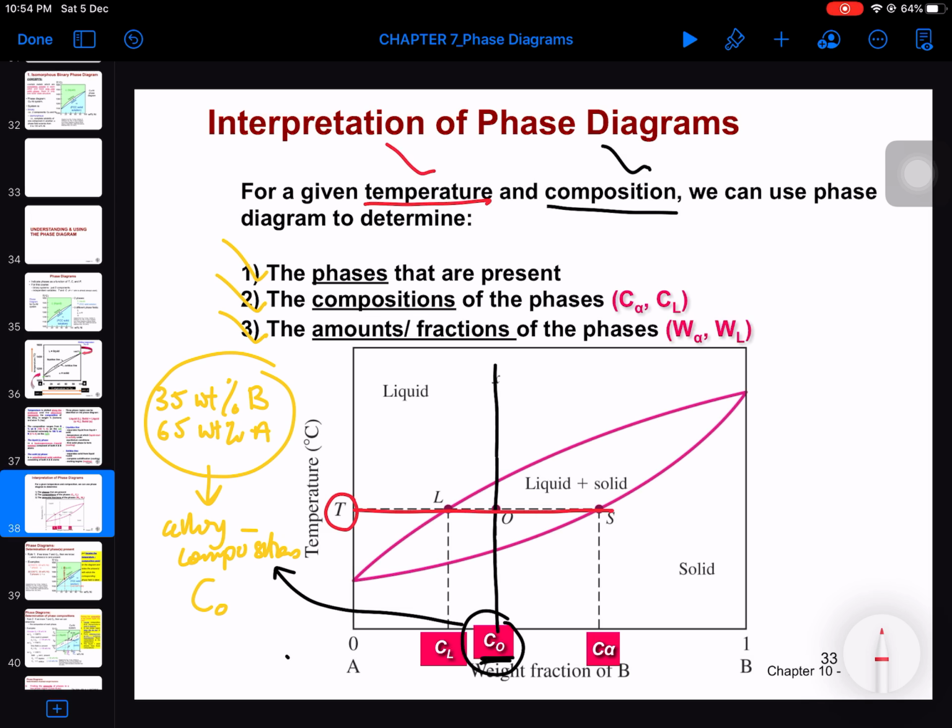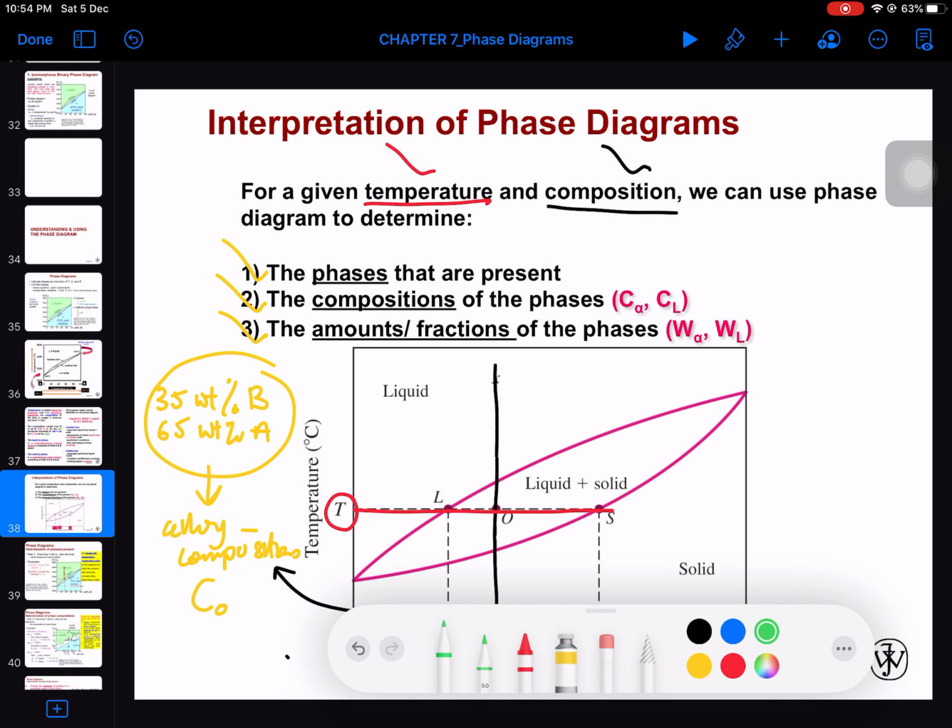Now we can start taking all the information that we need from all the lines that we already drew. The first one is the phase present. The phase present is found by looking at the intersection of the two lines, the vertical and the horizontal lines. Let's use a different color.